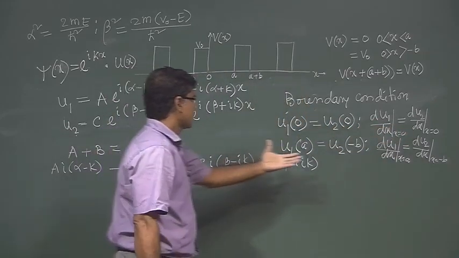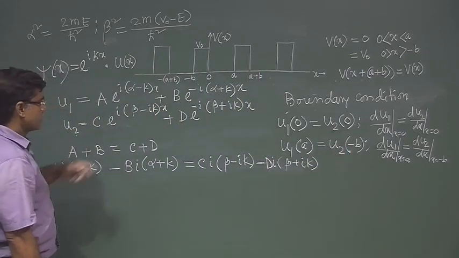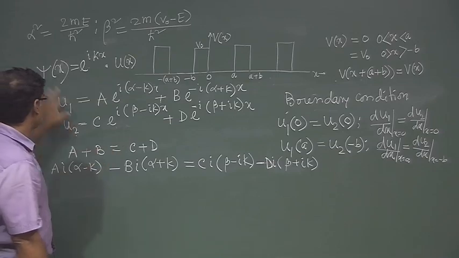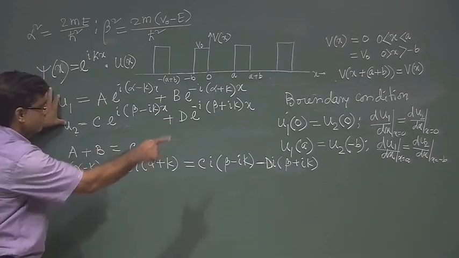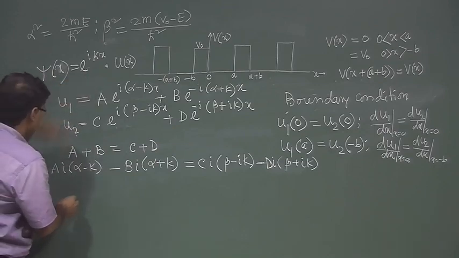Then from this condition what will I get? x equal to a I have to put here, and x equal to minus b I have to put there. So, what will I get?